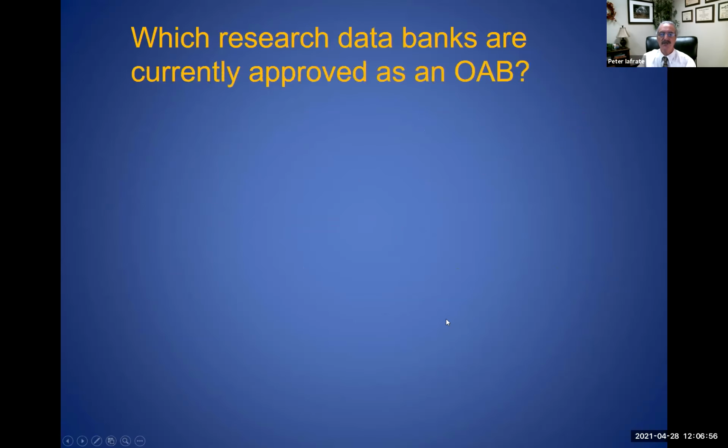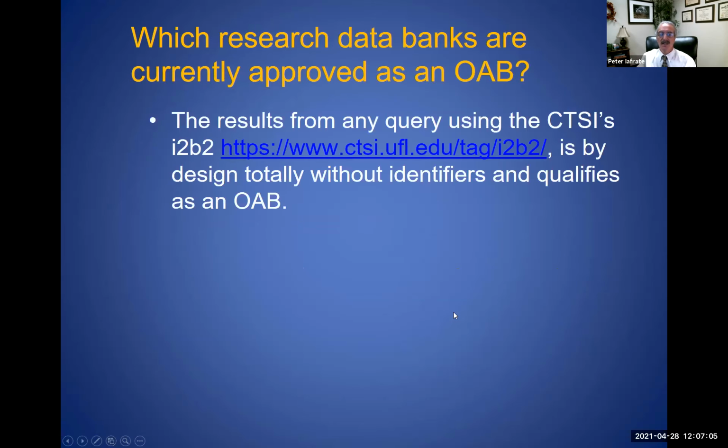So which research data banks has the IRB approved as open access banks? The first one, and if this doesn't make sense to you, then it's probably not relevant to you, is I2B2, which is a software program where you can query the integrated data repository.